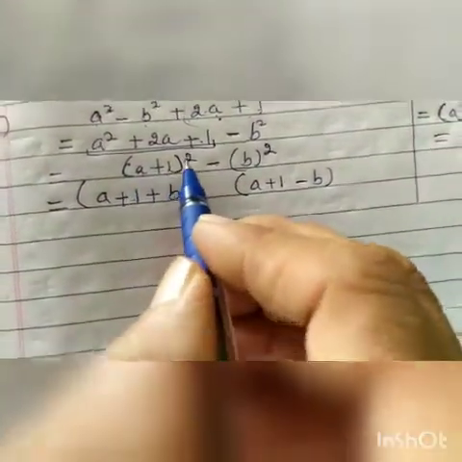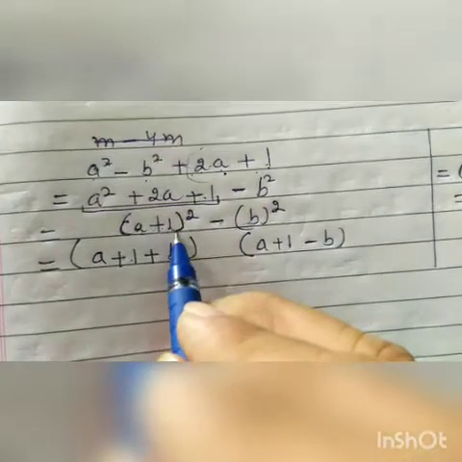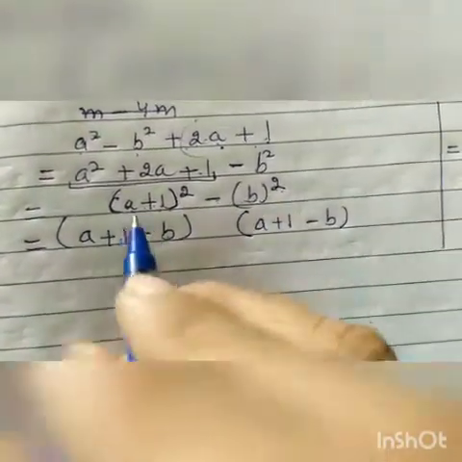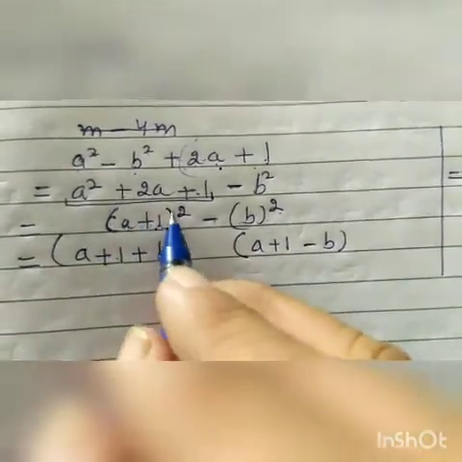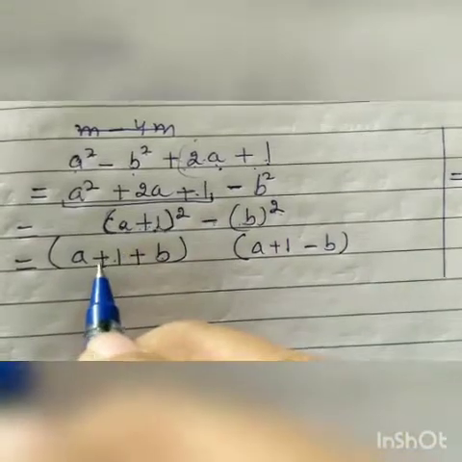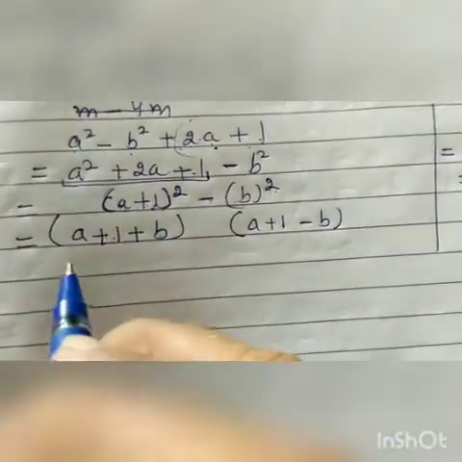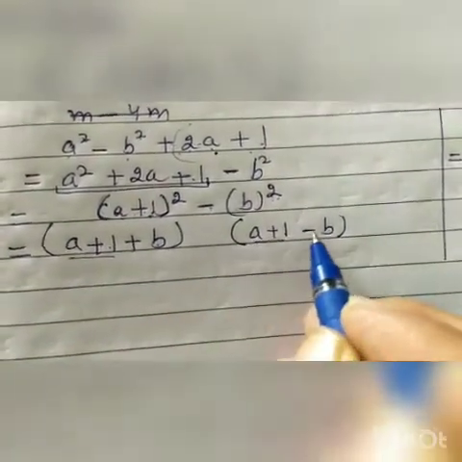It is (a plus 1) whole square minus b whole square. This a plus 1 will give the value of a. It is used only for a. So our identity is a square minus b square equal to (a plus b)(a minus b). This is a plus b and this is a minus b.